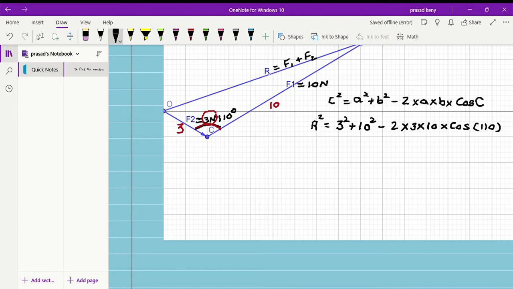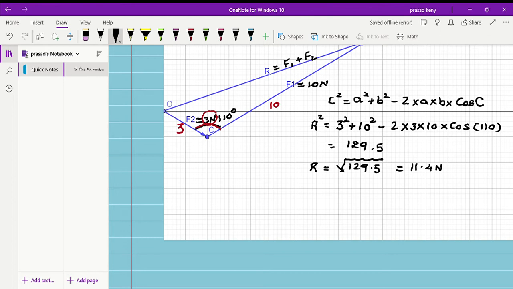So if you calculate this, this comes out to be 129.5, and hence the magnitude of the resultant force R will be square root of 129.5, which is 11.4 Newton.